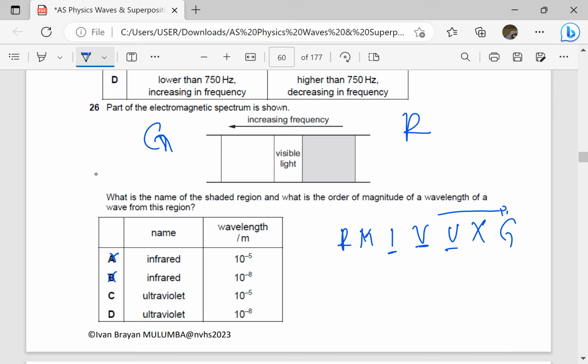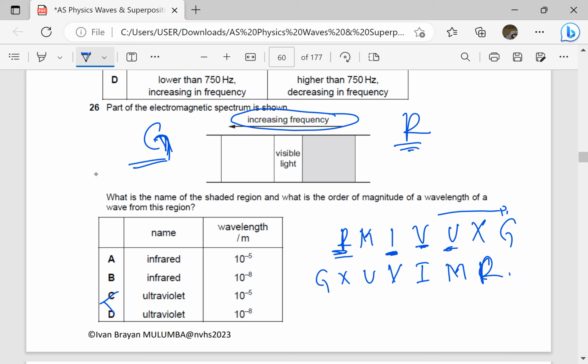So after visible, on the other side where we have a lower frequency and a high wavelength, that is towards radio waves, that must be infrared. So the answer is one of those two, A or B. Because they have shown us that frequency is increasing this side, it is this side we have gamma. So we have gamma, X-rays, ultraviolet, visible, infrared, microwaves, and then radio waves.